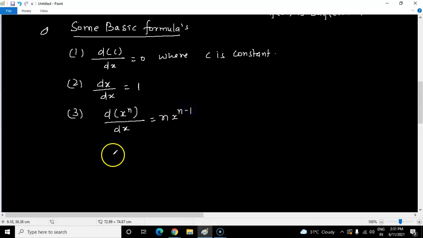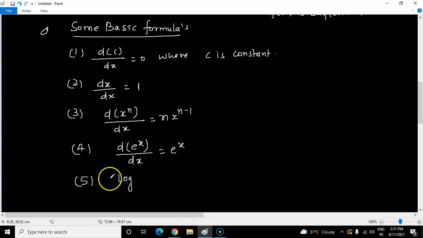Differentiation of e to the power of x: e power x is the exponential function, and its differentiation is the same, e power x. Differentiation of log of x with respect to x is 1 by x.